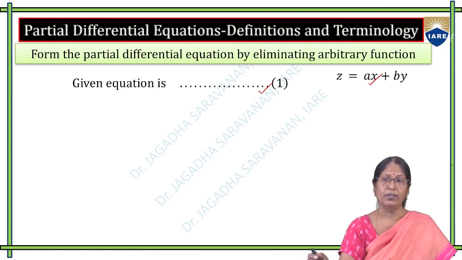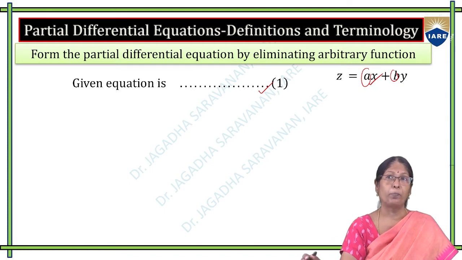Our aim: we discussed the notations at the start. P, Q first order and R, S, T second order, the notations we discussed in detail. Now here, either one time we can do partially or two times we can do partially.